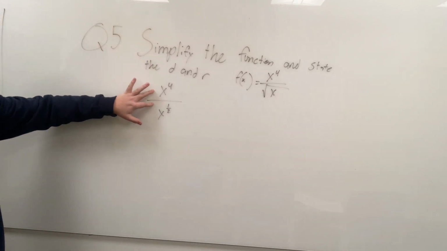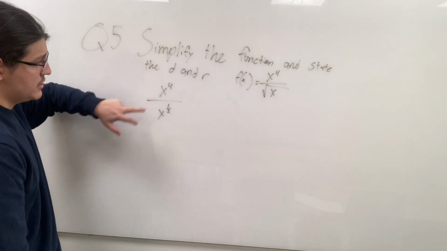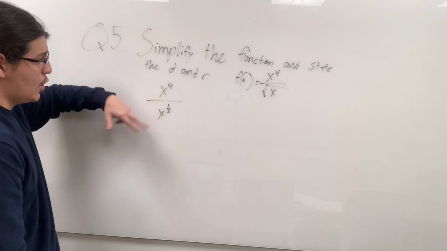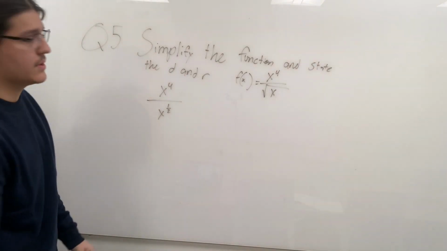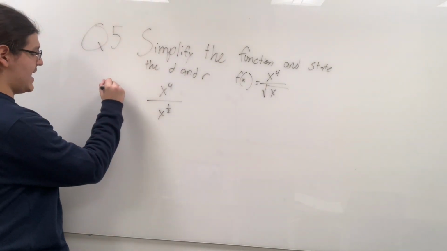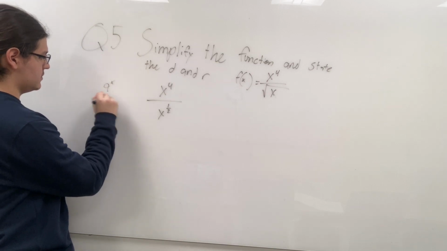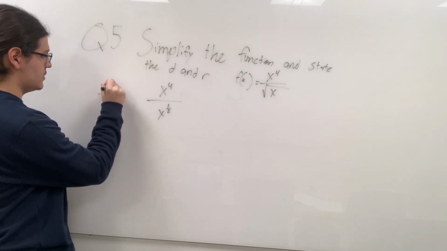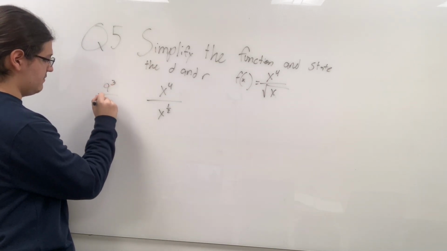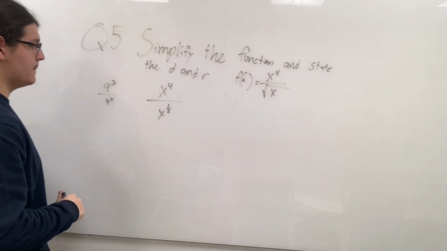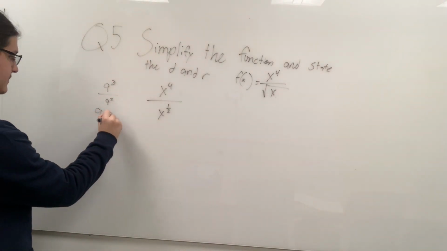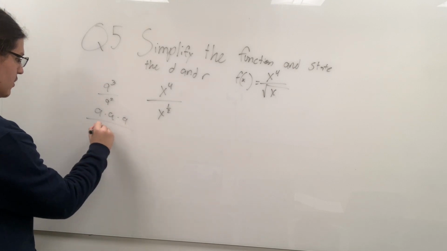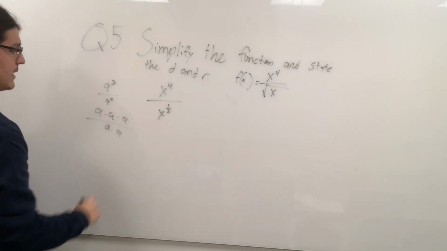Recall that when we have exponents that are being divided, we can subtract them. So if we have a cubed divided by a squared, well, that's just a times a times a over a times a.